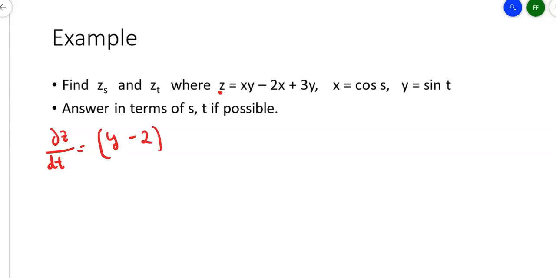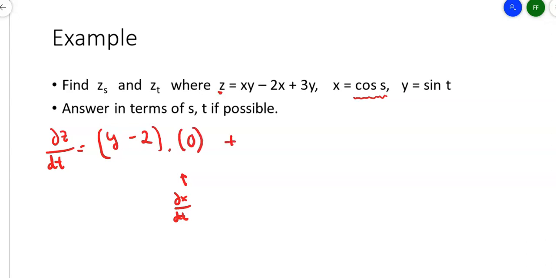So there's your partial derivative with respect to x. Now you've got to derive x with respect to t. Right, so here I'm going to take the partial derivative of x with respect to t. Well, notice what x is. X is the cosine of s. There's no t in there anywhere. Turns out that if you derive it like that, you just get 0.